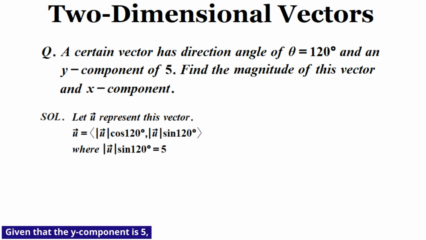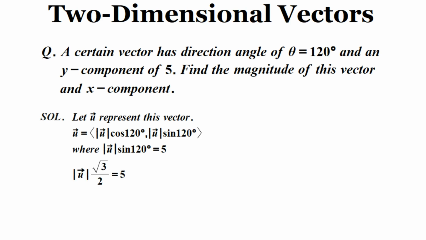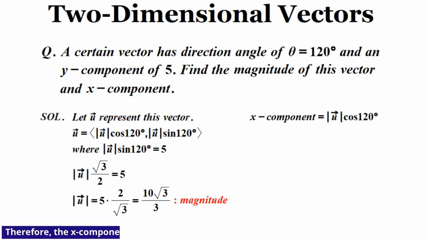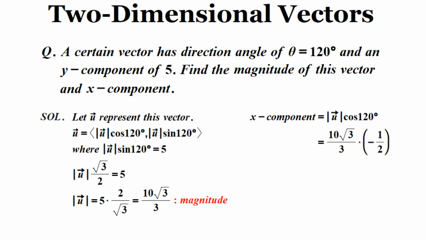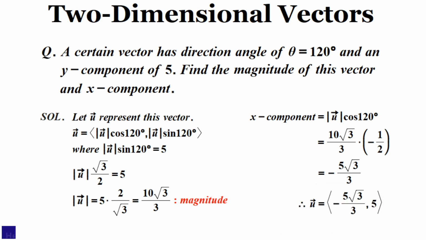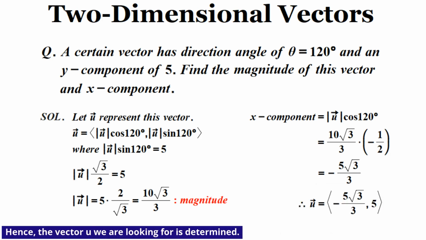Given that the y component is 5, the magnitude of vector u is 10 square root of 3 over 3. Therefore, the x component is -5 square root of 3 over 3. Hence, the vector u we are looking for is determined.